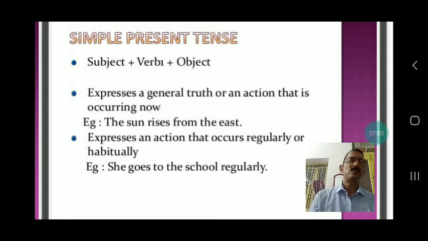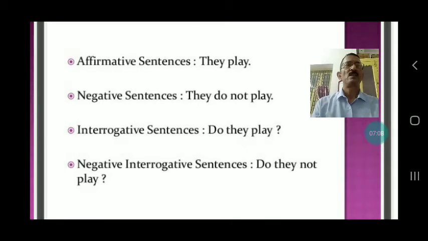As this is done in the past and present and will be done in the future. One can easily understand the affirmative, negative, interrogative and negative interrogative sentences. That is, they play, they do not play, do they play, and do they not play. That is the structure to be followed.